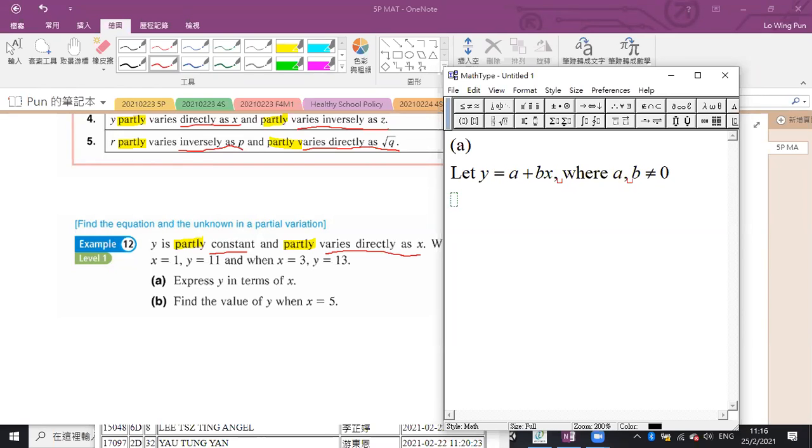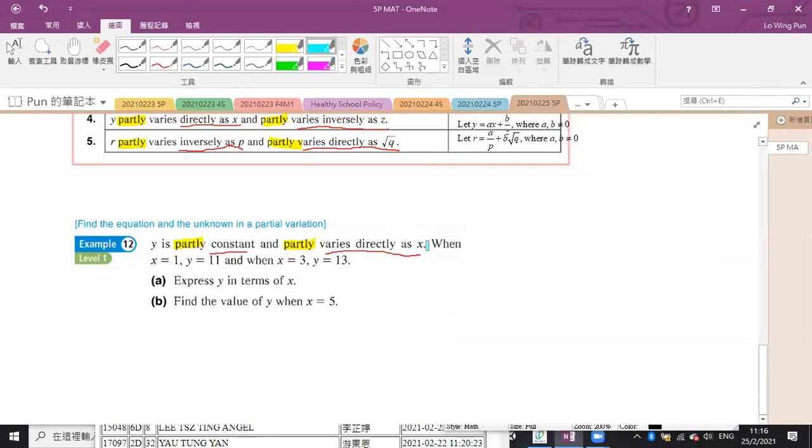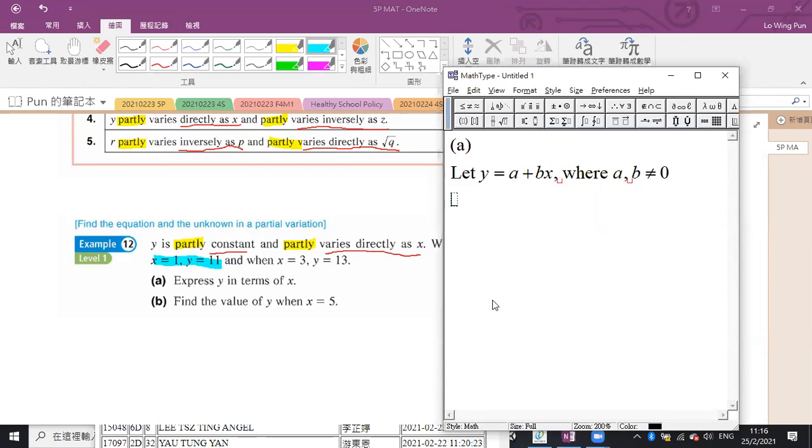When x is equal to 1, y is equal to 11. Okay, this is the first pair of numbers. So we just put x equals 1 and y equals 11 into our equation. Our equation is y equals a plus bx. The y becomes 11 and a plus b times 1, but b times 1 is b.